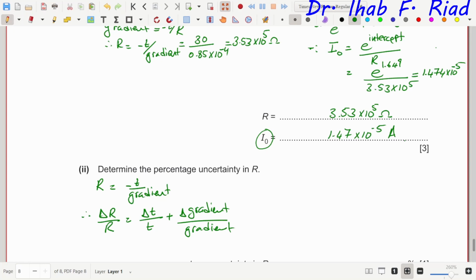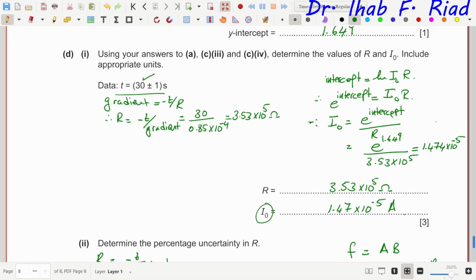This we know if we have a function which is A times B: delta F divided by F, the percentage uncertainty of the quantity, is delta A divided by A plus delta B divided by B.